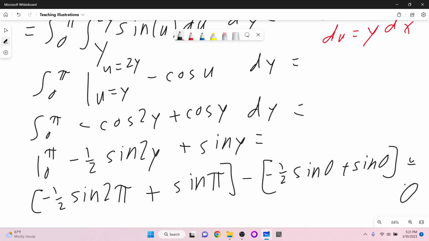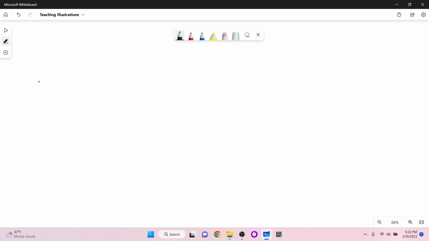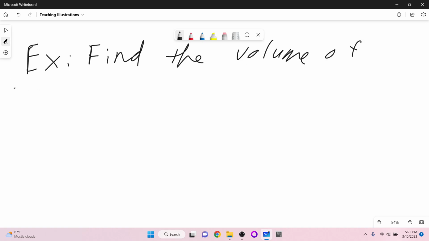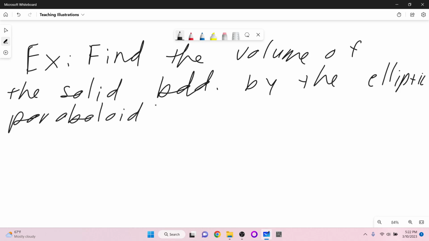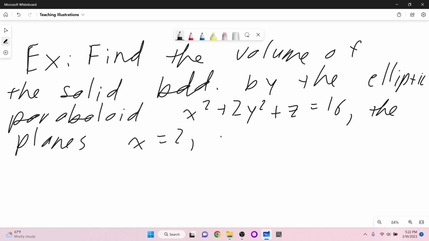Let's do a few more examples. Example: Find the volume of the solid bounded by the elliptic paraboloid x squared plus 2y squared plus z equals 16, the planes x equals 2, y equals 2, and the three coordinate planes.